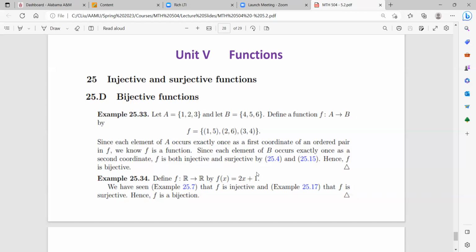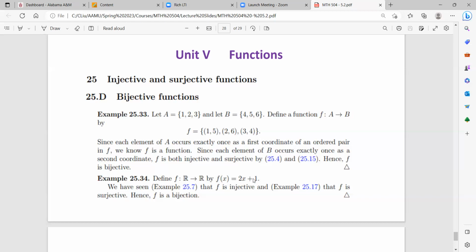Actually, if you draw the graph of the function, it's just a straight line with slope 2 passing through 1 on the y-axis. It passes the horizontal line test, so it's one-to-one.